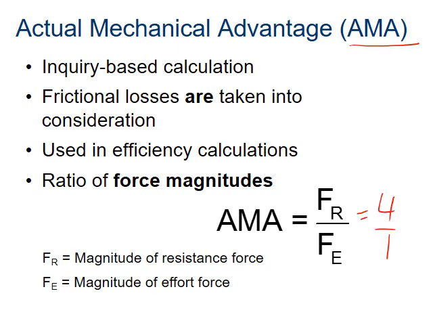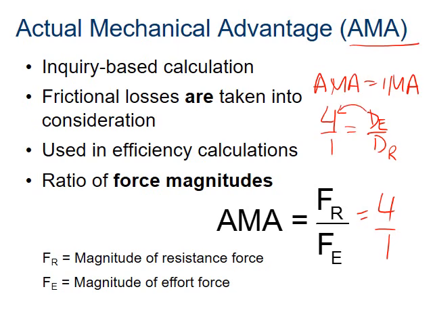So if both IMA and AMA are equal, and this is 4 to 1, and IMA is equal to distance effort divided by distance resistance, this means, again, that because my resistance is 4 times greater than my effort, my distance is going to be 4 times greater.